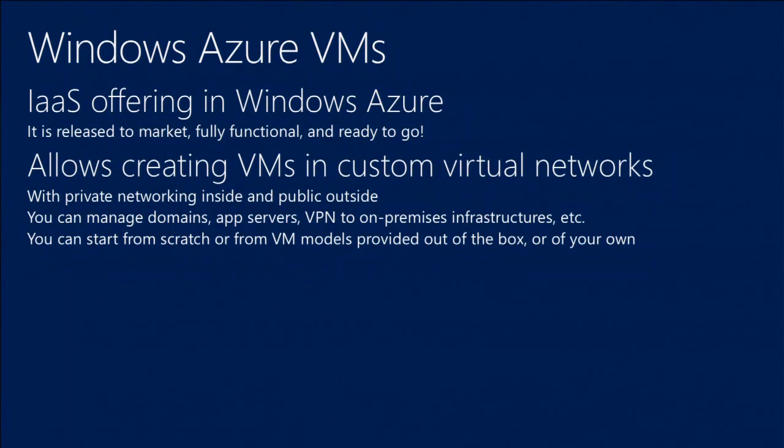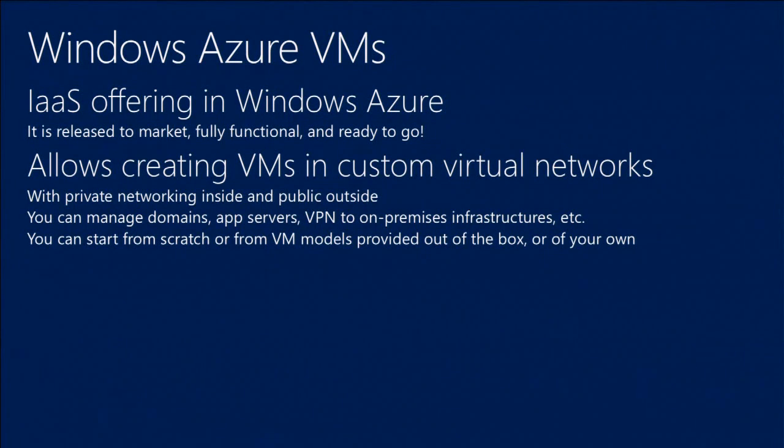Through Windows Azure VM, you can create not only virtual machines, but you can also create virtual networks. Virtual networks will keep your virtual machines within the same virtual network with a set of private IP addressing, and with a public address to reach your virtual machine from the internet, just in case you want, of course.